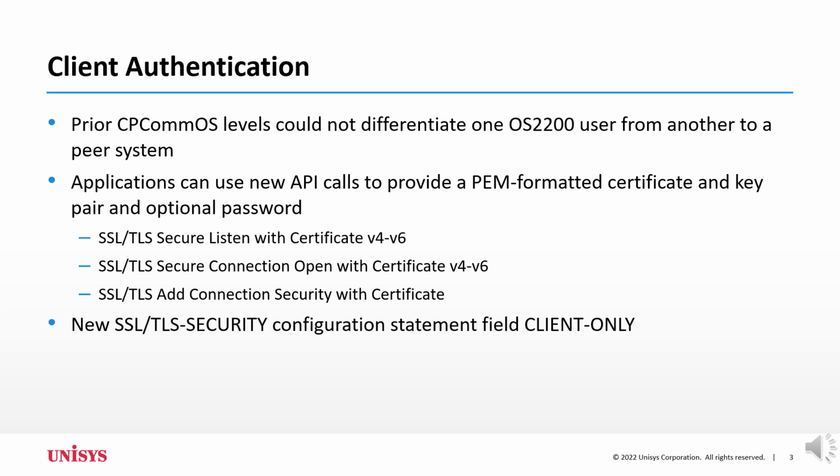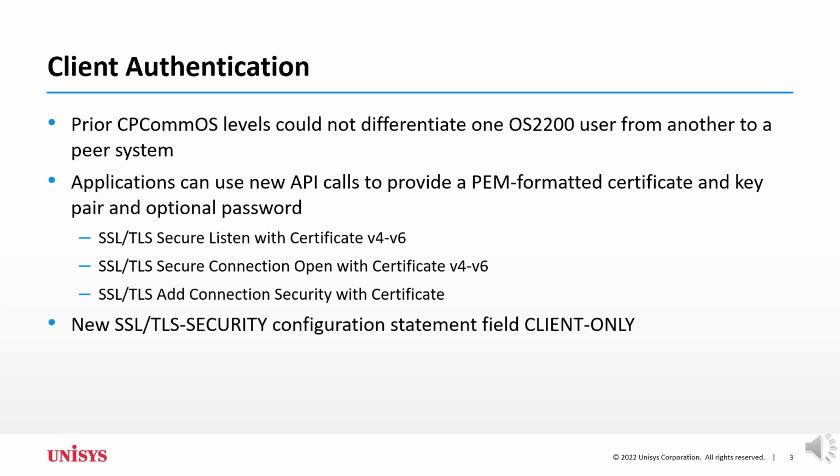With this new feature, CPCommOS adds a capability for an application to pass a PEM formatted certificate and private key and an optional password for use in the SSL TLS handshake using three new API procedure calls.